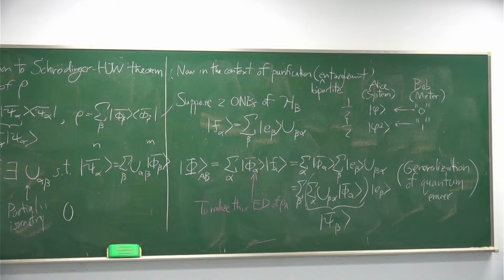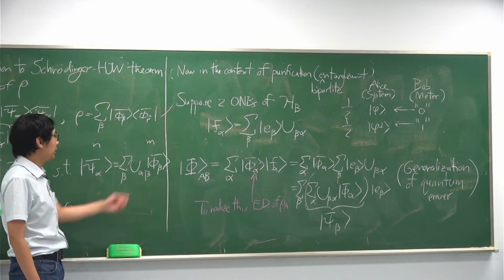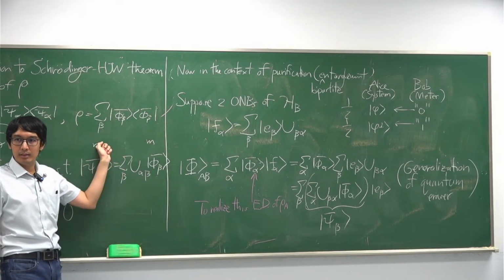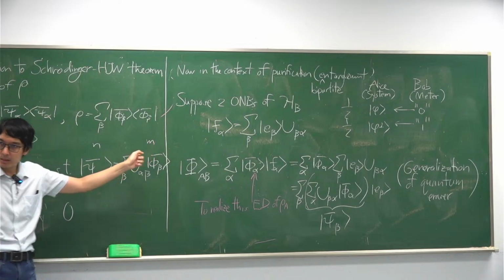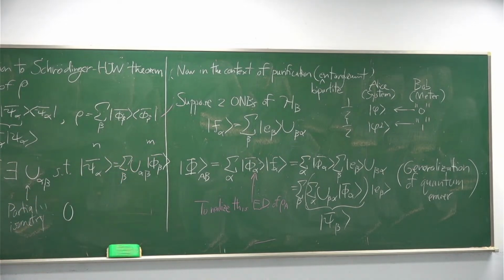It's just a square unitary matrix, and of course a unitary matrix has an inverse. But suppose that m is less than n, so you are mapping from a smaller Hilbert space to a bigger Hilbert space. You cannot necessarily invert it.